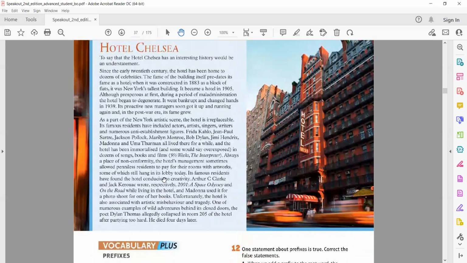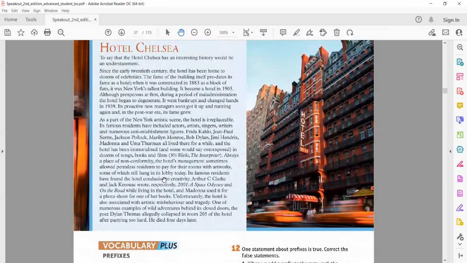Ikram, if you want, you can continue. As a part of the New York artistic scene, the hotel is irreplaceable. Its famous residents have included actors, artists, singers, writers, and numerous anti-establishment figures.